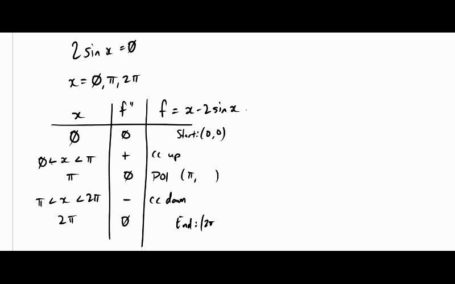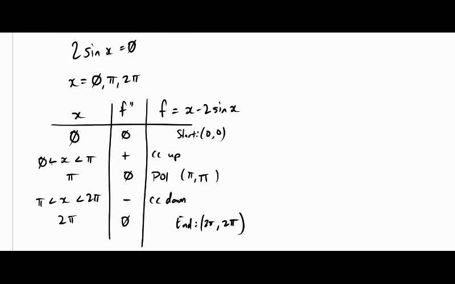So if x is 2 pi, the sine of 2 pi is 0, so times 2 is 0, so it's x, which is 2 pi minus 0, so it's 2 pi. If we continued on, you're going to get a lot of these points, and this one is pi, pi, 2 pi, 2 pi. And that's going to continue all the way along this curve. It's an interesting curve, this one.